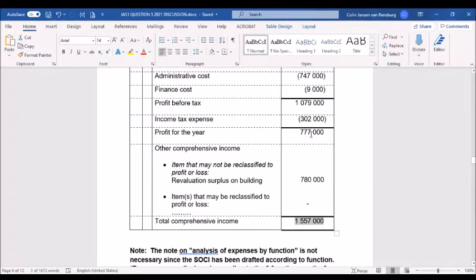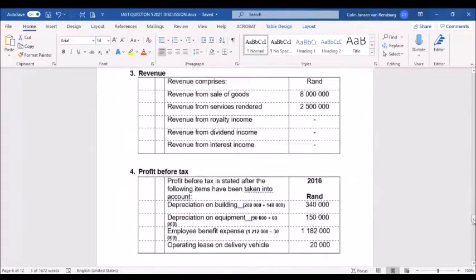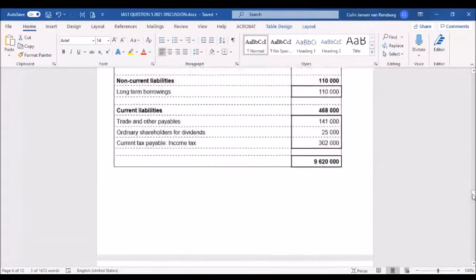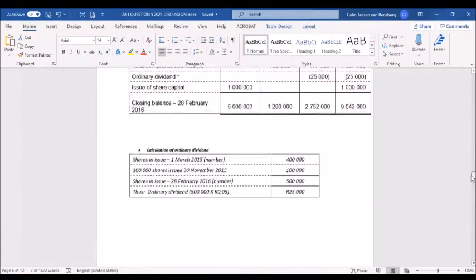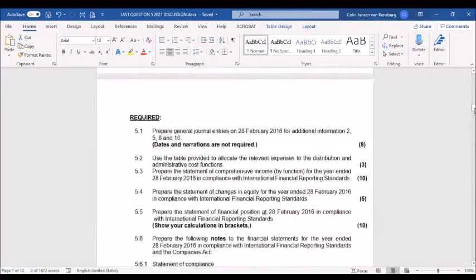So it's 777,000 that goes to our retained earnings. So let's scroll down. Oops, that was too far. There we go. So there we've got the 777,000 under the retained earnings, and then we've got that 780,000.